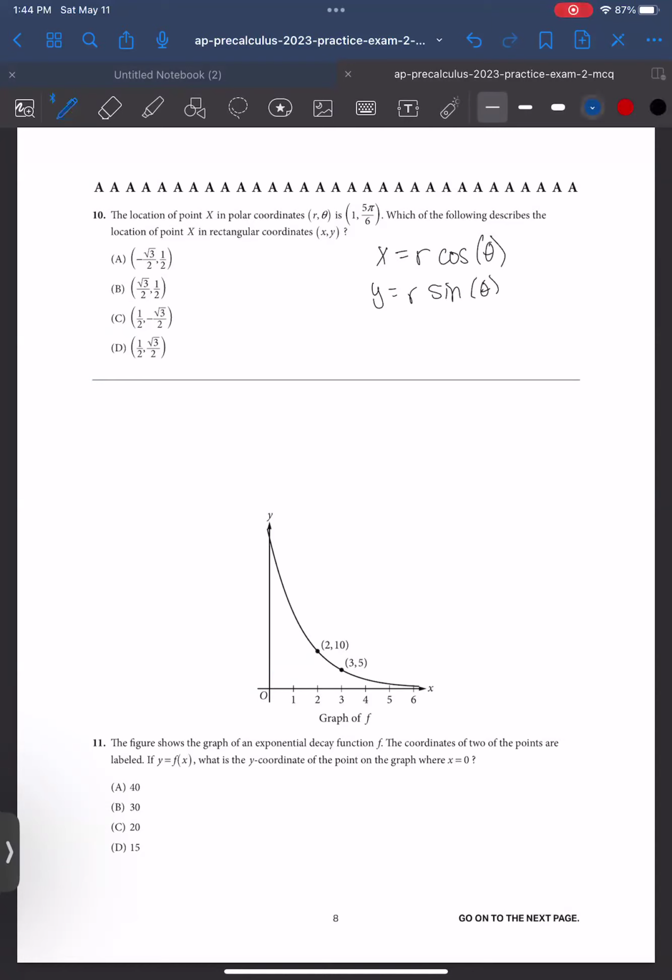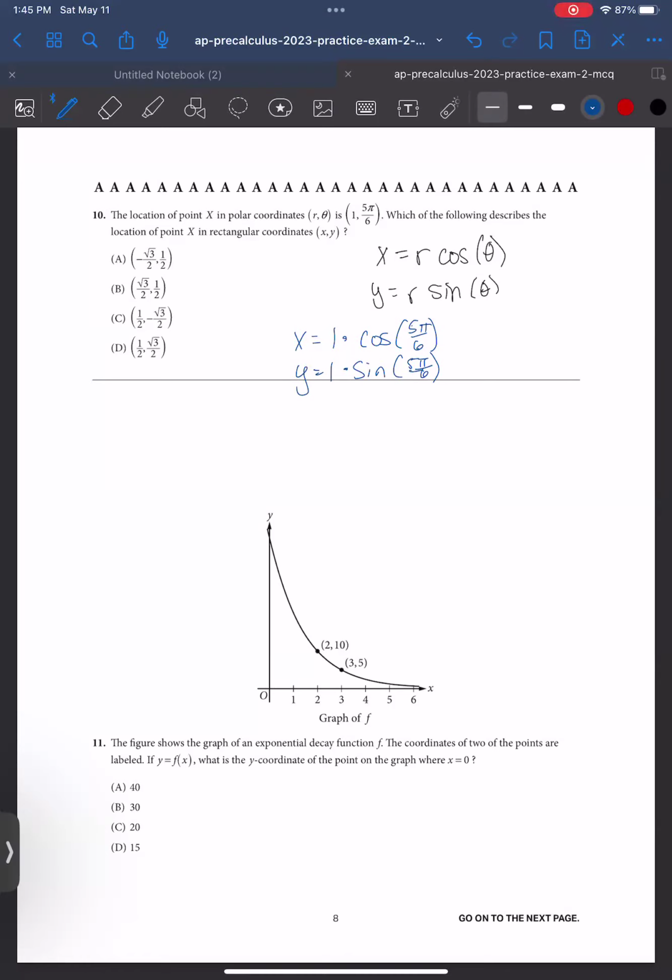So in this example, x equals 1 times the cosine of 5 pi over 6, and y is equal to 1 times the sine of 5 pi over 6. Right off the bat, these are unit circle coordinates, because the radius is 1.